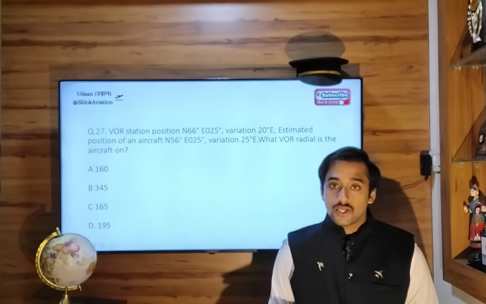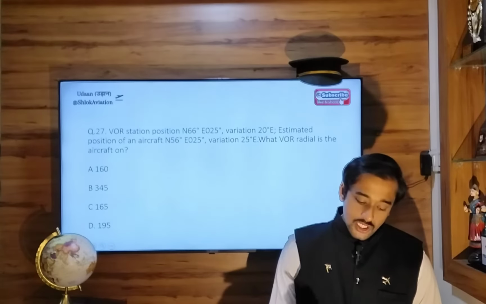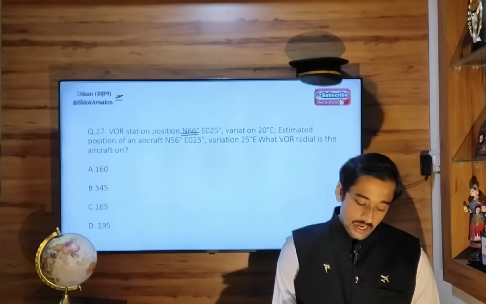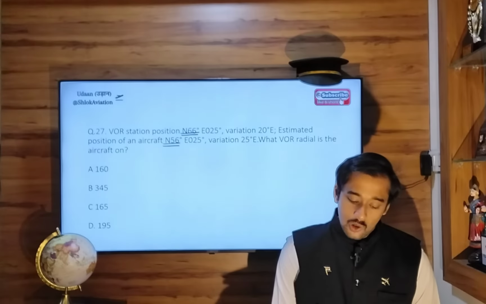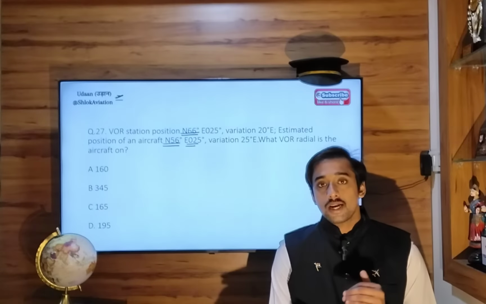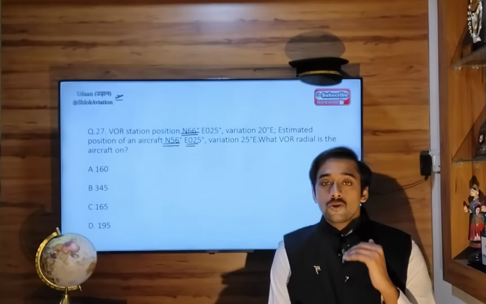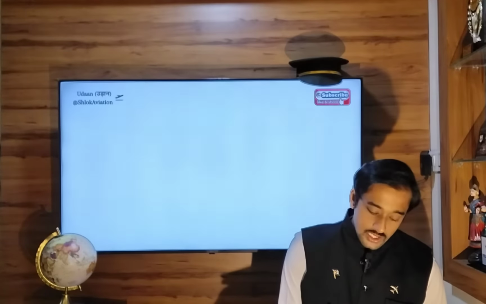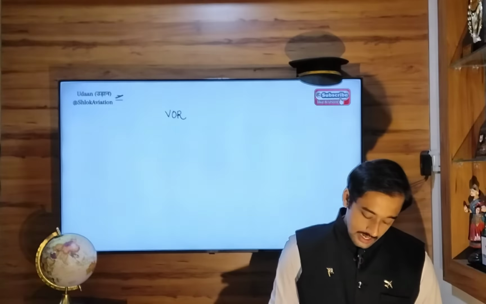Proceeding to question 27. VOR is at position 66° north, 25° east, and aircraft is at 56° north, 25° east. So that means VOR is directly to the north of your aircraft.